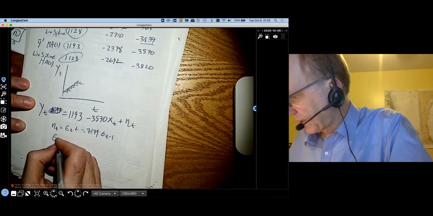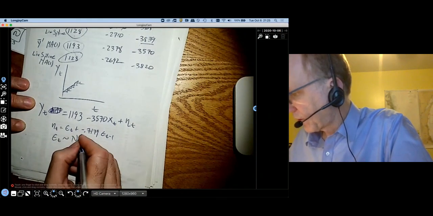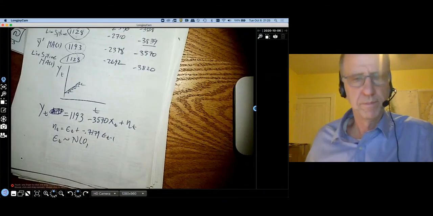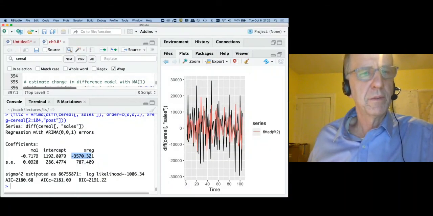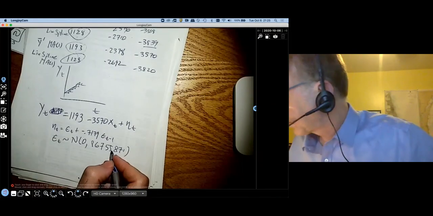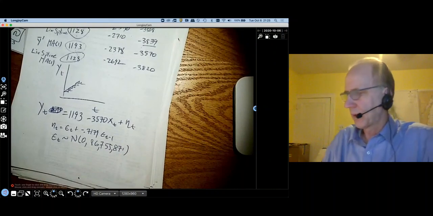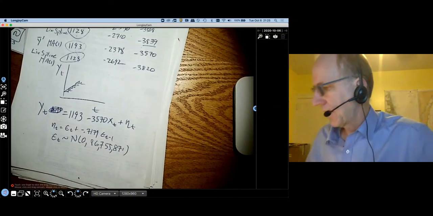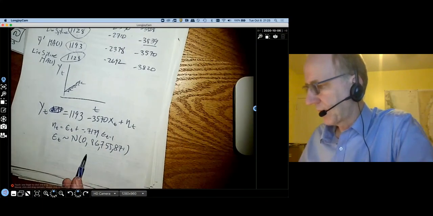And these epsilon_t's are distributed normally with mean 0 and variance, a big variance, because these numbers are so huge. It's 86 million something or other, 87 million. And that would be our estimated model.